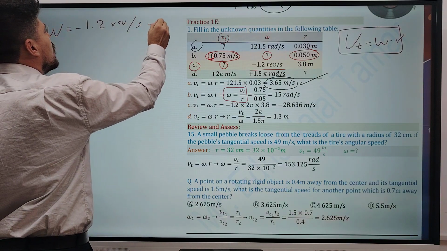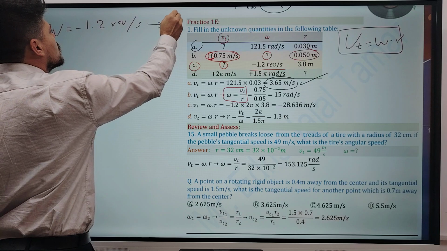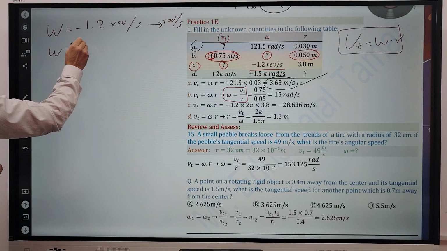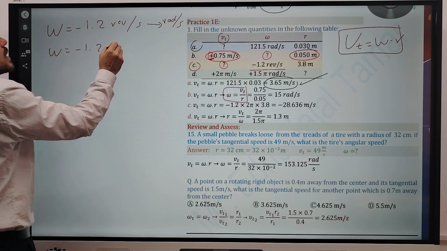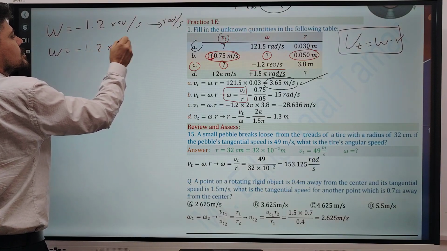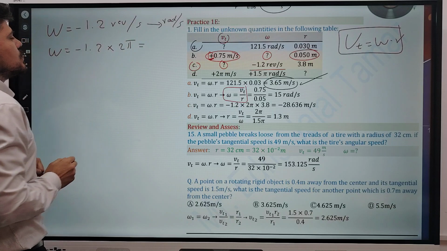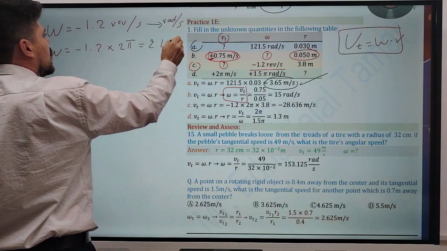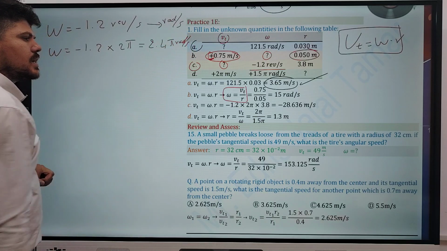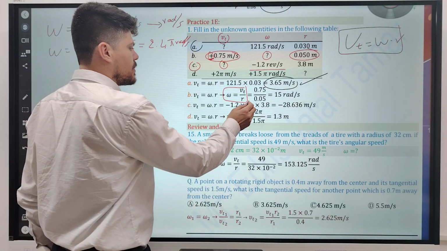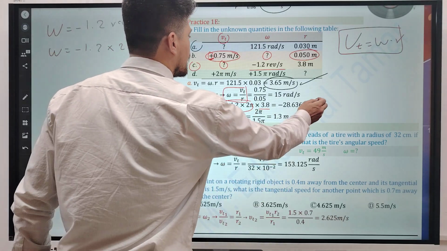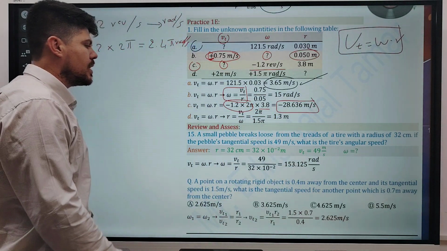No. So that is why you have to convert to what? Rad per second. How can you convert? Multiply by 2 pi, which is equal to 2.4 pi rad per second. Multiply by 2 pi and times the radius to get the tangential speed in negative.